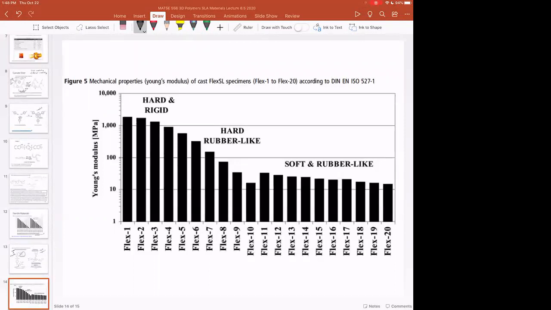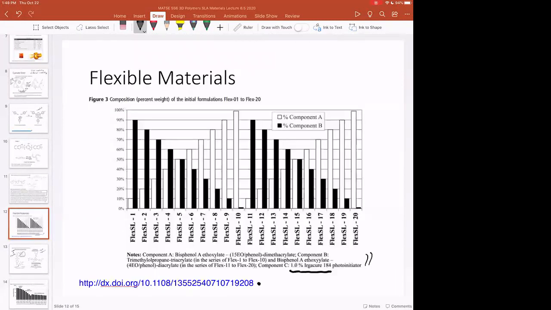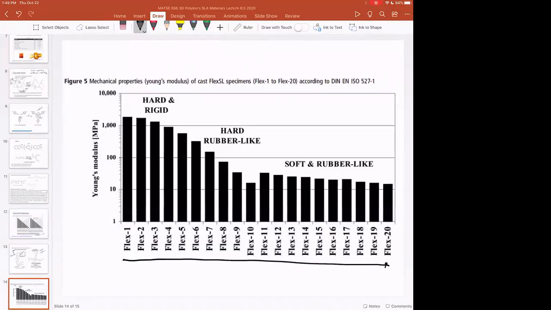So all these different resins, 1 through 20, based on all these different formulations, and you have to look very closely as to the ratio of component A and component B, but all these different formulations basically give you a family of materials from rigid and hard materials up to 2 gigapascals in modulus, to hard and rubber-like or tough materials, something that is not brittle, that can take some impact strength, versus more elastomer-like applications.